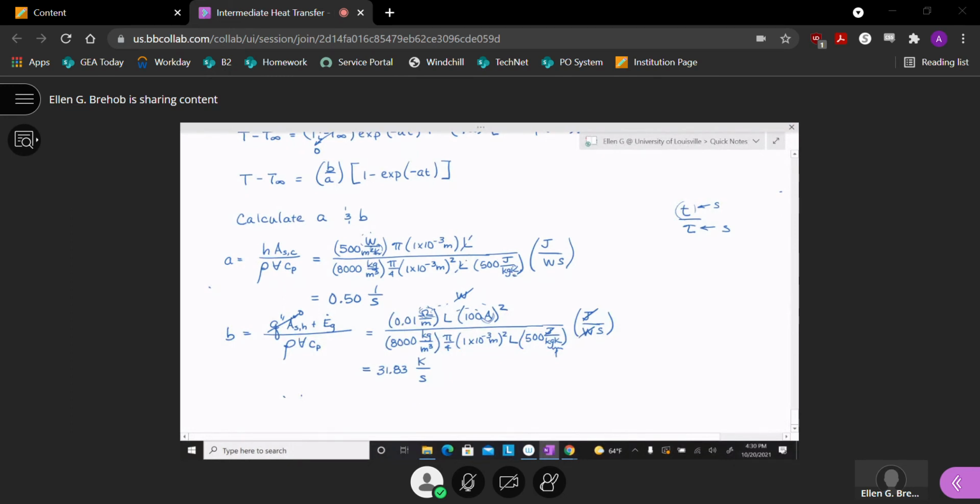I had a Kelvin here and a Kelvin there. All I wanted to show with this is how I get from watts and joules per second. That gives me this time unit. It happens in both of these. Okay.